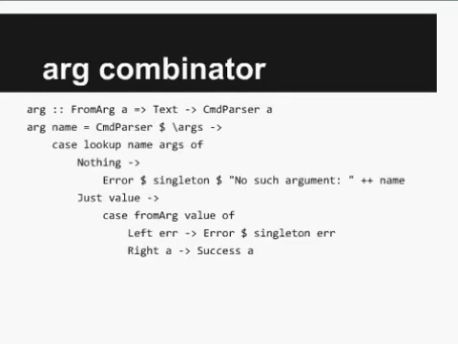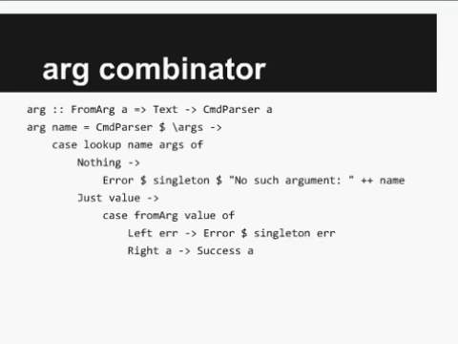And now, the final combinator being provided by the library is this arg function, which will take the name of an argument and will return some command parser. This is all hidden away from the user.